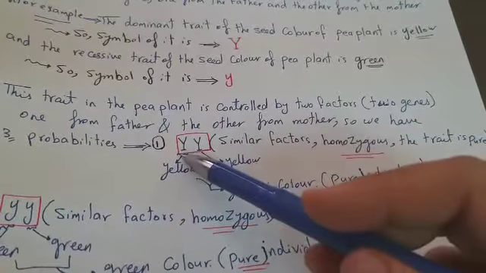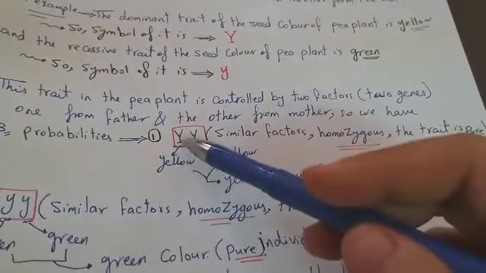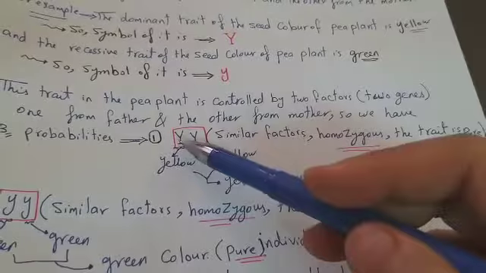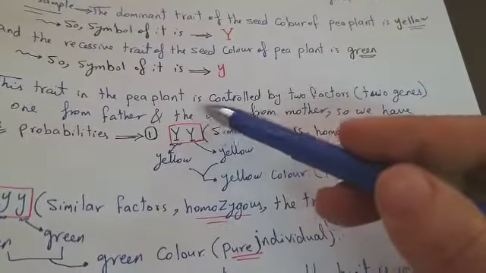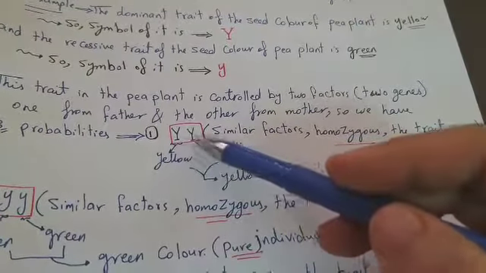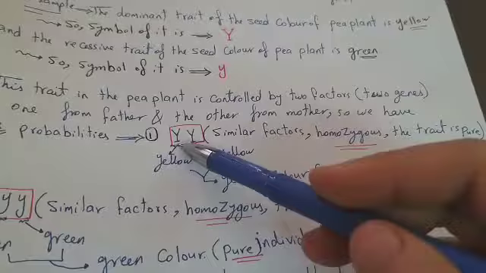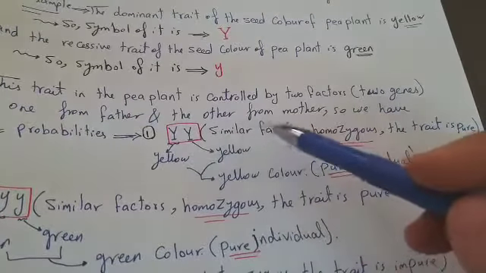So these two genes, for example this pollen grain that comes from the father is yellow, and the ovum that comes from the mother is also yellow. They cross together and form finally yellow, or Y capital. So here we have similar factors.